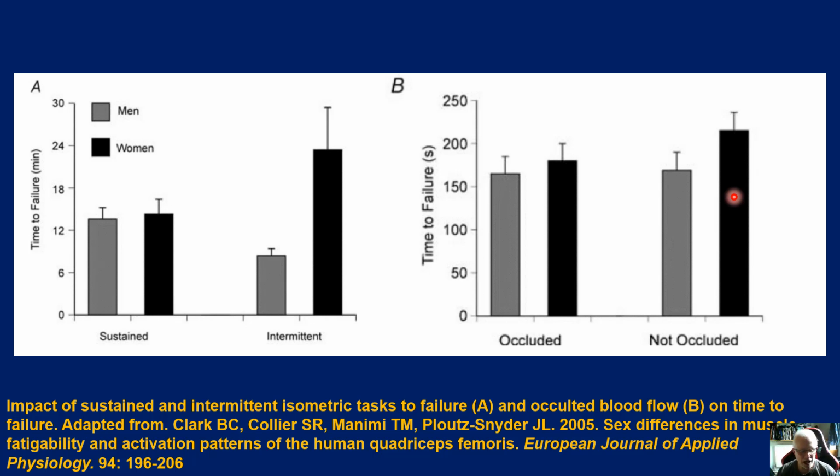And you can see the same in this condition here, where we've got a sustained task and an intermittent task. So when the task is sustained, the time to failure is far shorter than when it's intermittent. Because as soon as you go to an intermittent based activity, as soon as you release the isometric contraction, you get an increased oxygen availability into the muscle, and also get an increase in venous return from the muscle.